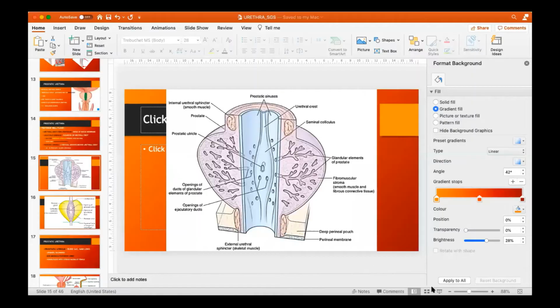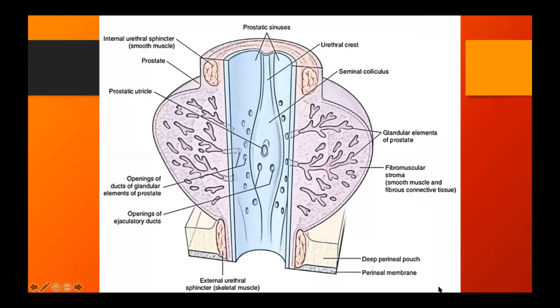Can you explain the posterior wall of the prostatic urethra once more? In the posterior wall of the prostatic urethra, we have some features to remember.